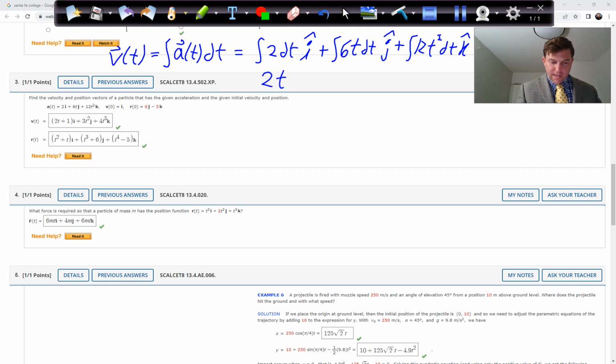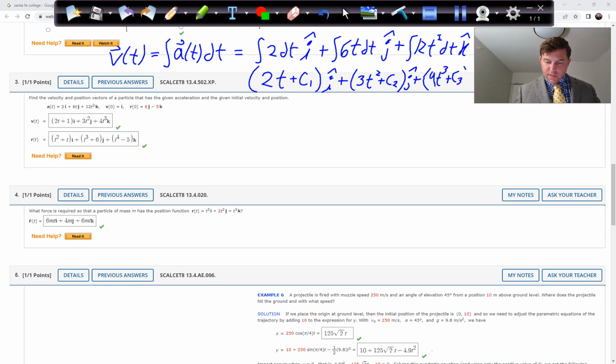But we have to add a constant because we don't have limits on this. So without limits of integration, we have to add some constant c1 in the i direction. Plus, the antiderivative of 6t would be 6t squared over 2, or 3t squared, plus c2 in the j. Plus, the antiderivative of 12t squared would be 12t^3 over 3, which would be 4t cubed, plus c3 in the k.